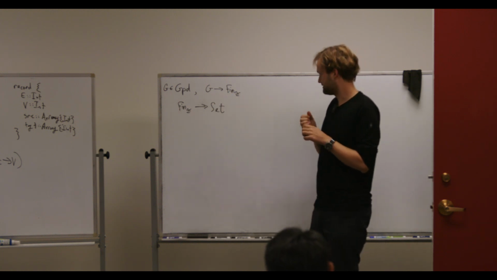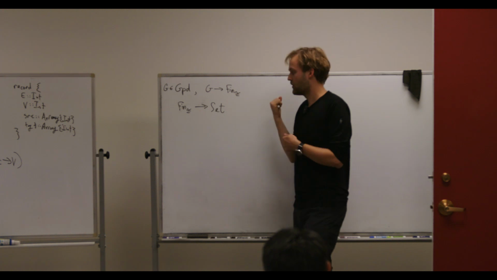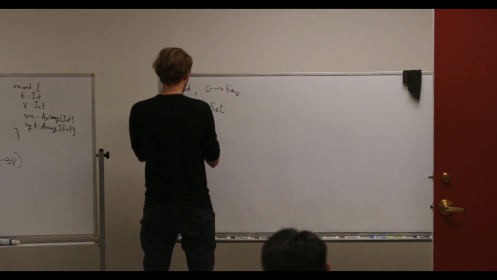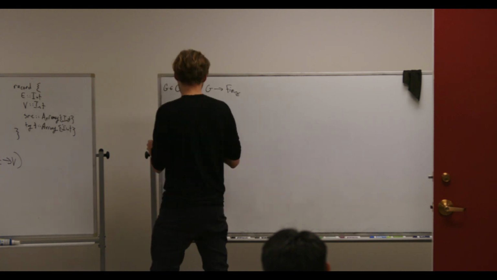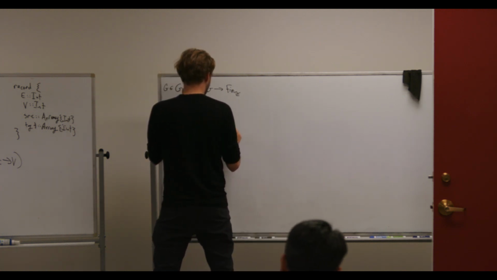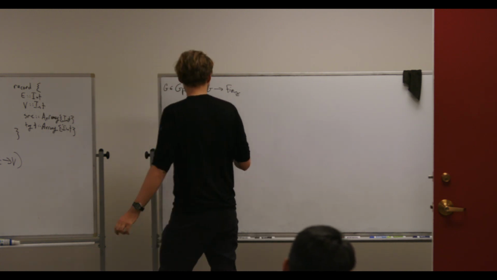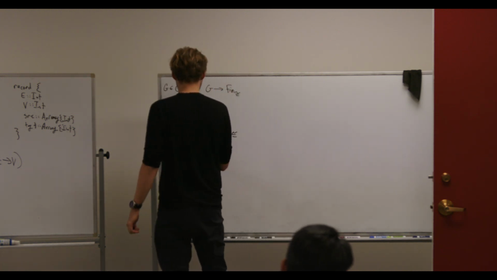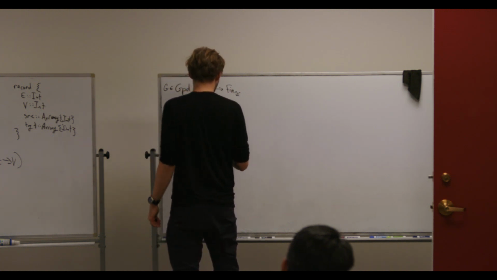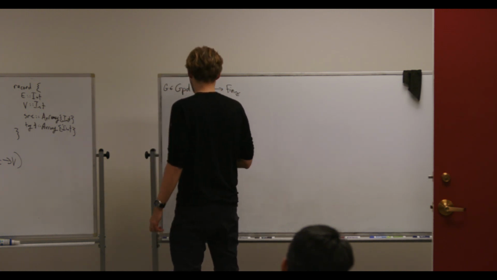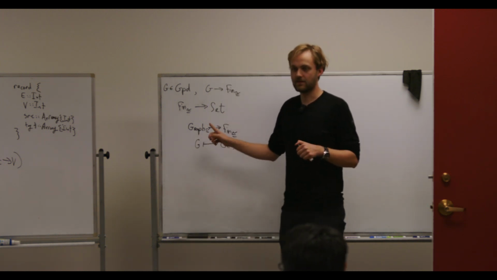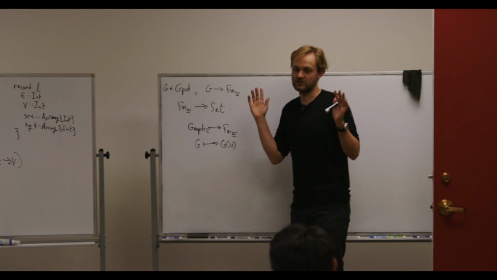For instance, one example of this would be the functor from graphs, so directed multigraphs, to Fin, which sends G to G of V, and we can say graphs with graph isomorphisms. Now the fiber of this is a non-trivial groupoid. It's not just a set.